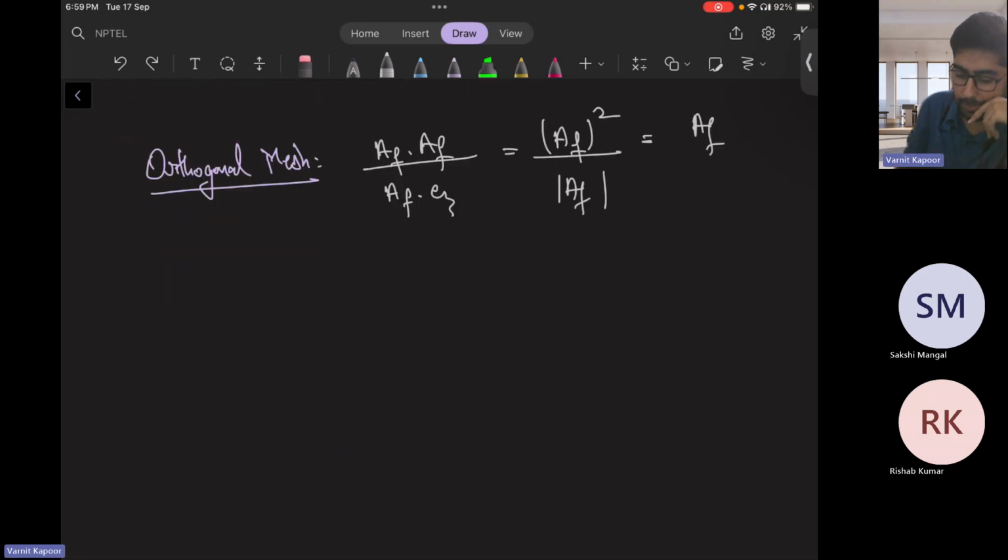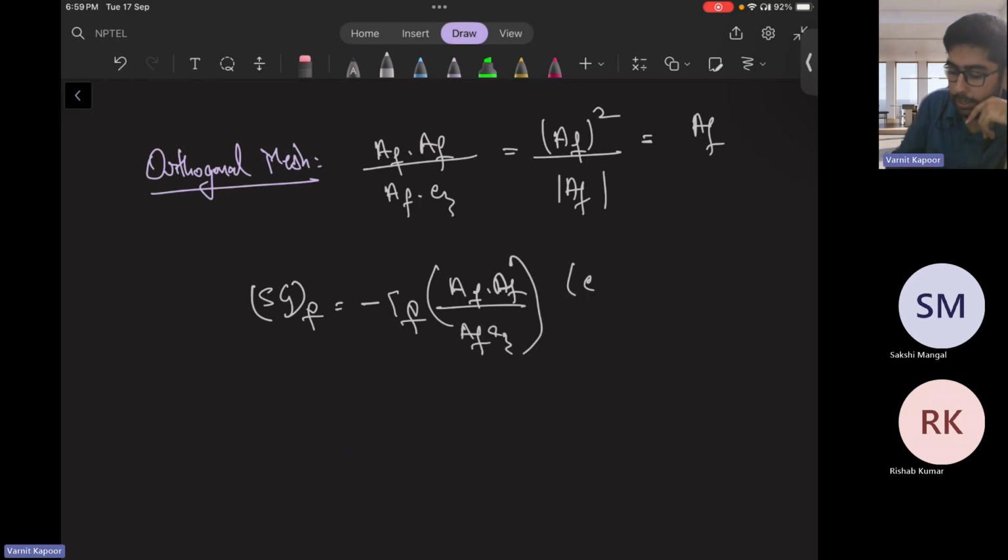And the secondary gradient SGF can be written as minus gamma f AF dot AF over AF, E zeta into E zeta dot E eta, phi of f at that face. This term will become 0 for an orthogonal mesh.